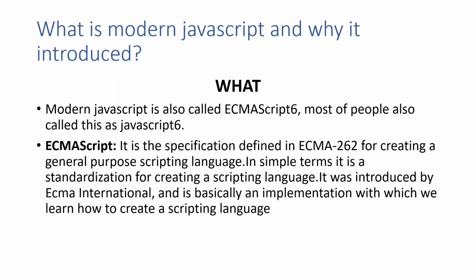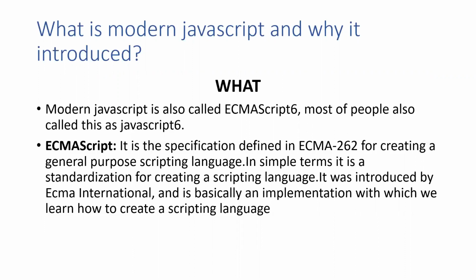Okay, and what is ECMAScript? ECMAScript is a specification defined in ECMA-262 for creating a general purpose scripting language. In simple terms, it is a standardization of creating a script language, or a clever way of using JavaScript, with respect to the older version of JavaScript.